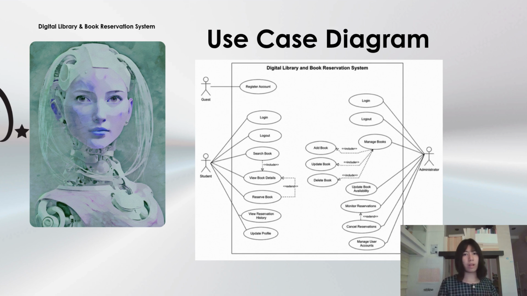The administrator extends all student access and has additional use cases like managing books, managing users, monitoring reservations, and replying to feedback. Overall, the diagram shows a high-level overview of the system scope by clarifying access boundaries. Administrators have full control, and students cannot modify book records.